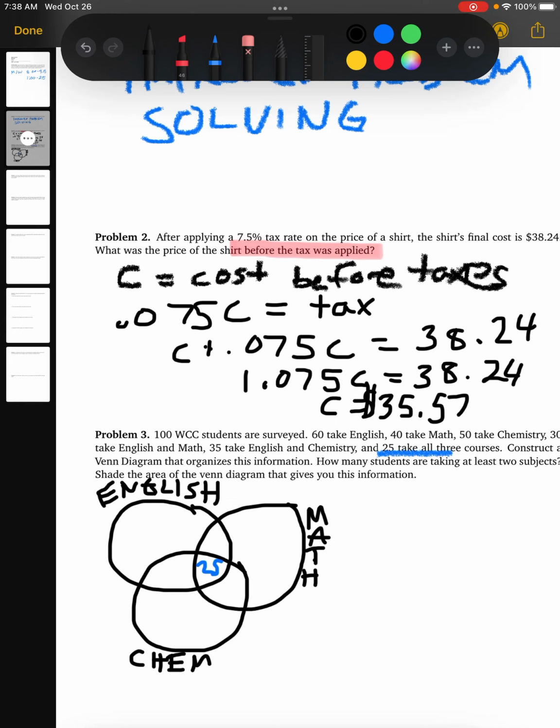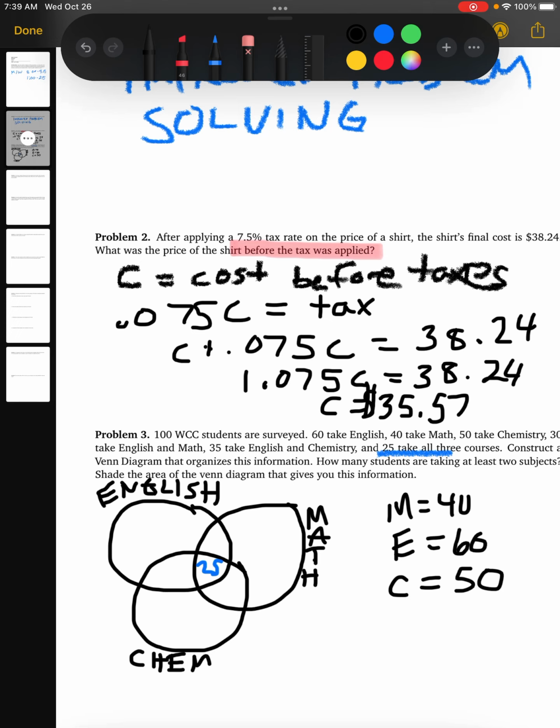And now you want to work backwards and take a look at the overlap, because we know total numbers, right? In total we have 40 people that take math, 60 people that take English, so let's say E is 60, and we know that 50 people take chemistry.